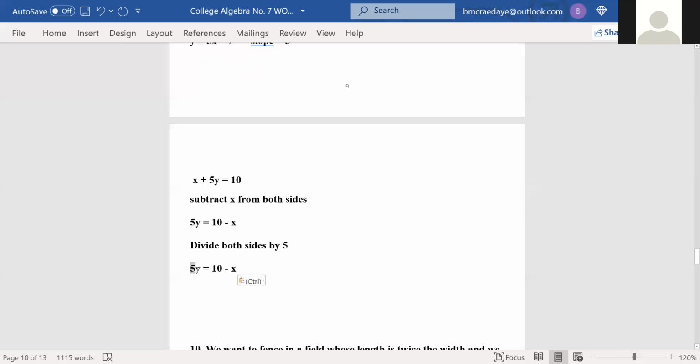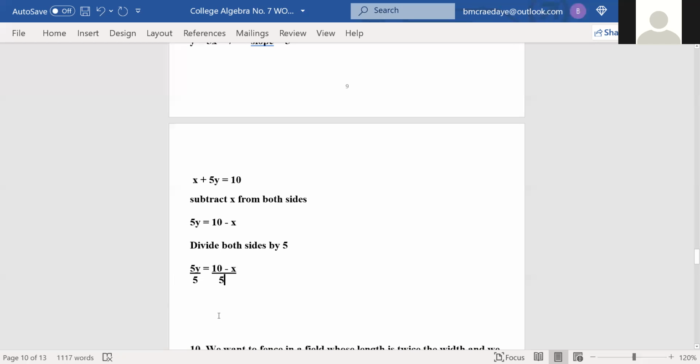Okay, so we're going to put our underline here, and then I want to underline on the right. So you're going to divide by 5. I put a 5 here and a 5 here.